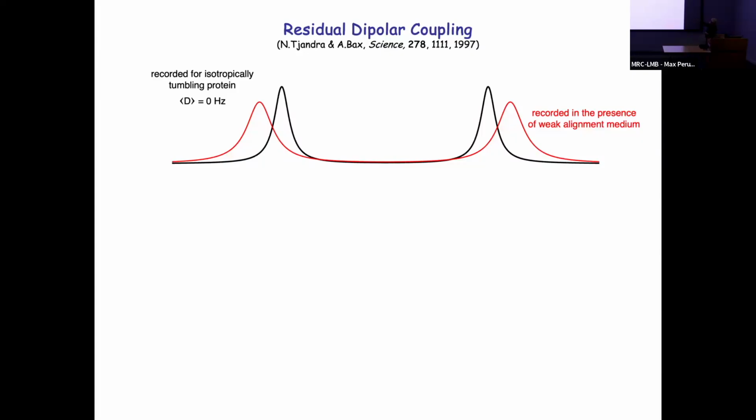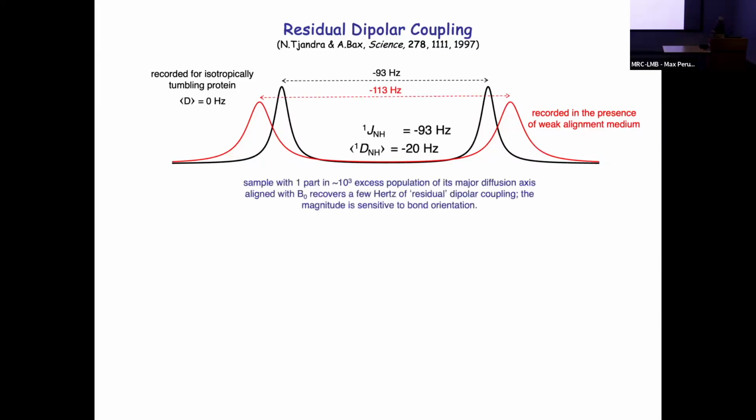And the separation there is just J. If we take a collimating medium that allows us to partially orientate the sample so that it has a slight excess population aligned with the magnetic field, what we'll see is we introduce a very small amount of dipolar coupling, and it's a very manageable amount. So this is J plus D, and in black, it's just the J value. So we subtract the two, and you've got the value of the residual dipolar coupling.